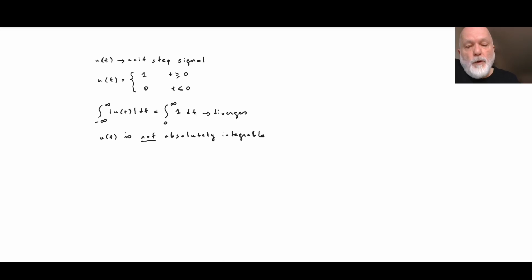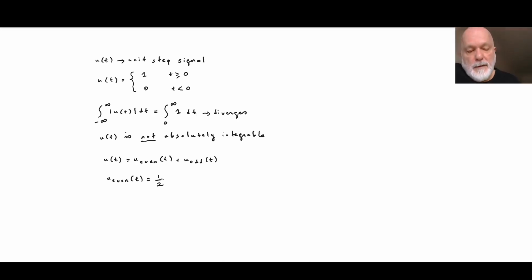Now, u(t) can be decomposed as its even part and its odd part. Now, the even part of u(t) is just equal to 1 over 2.